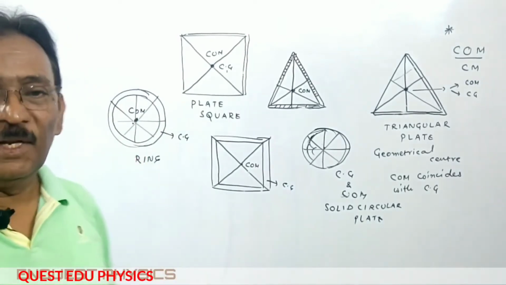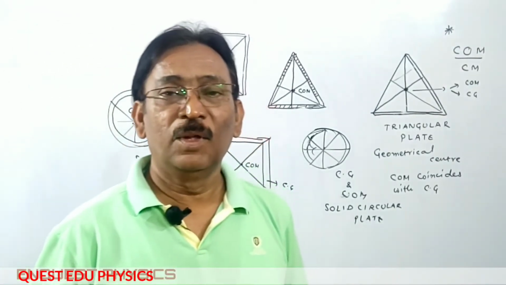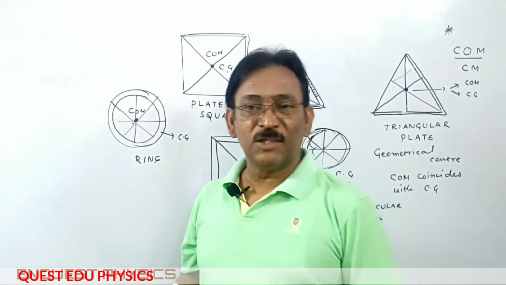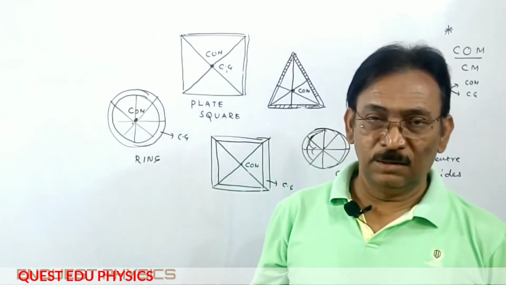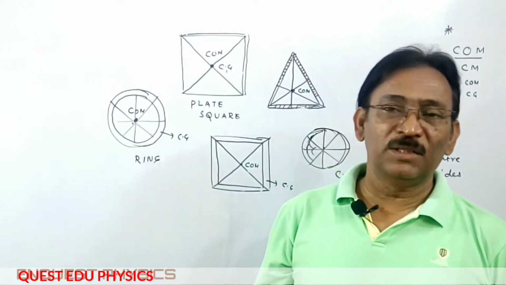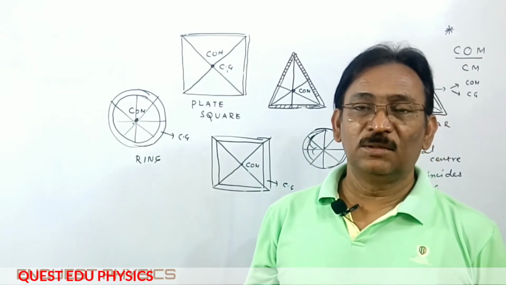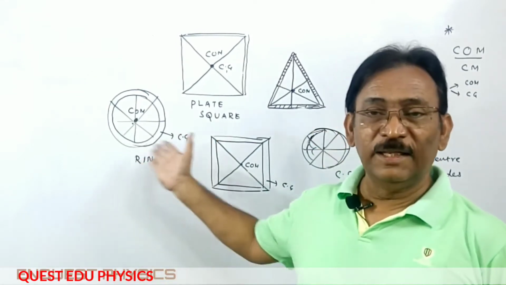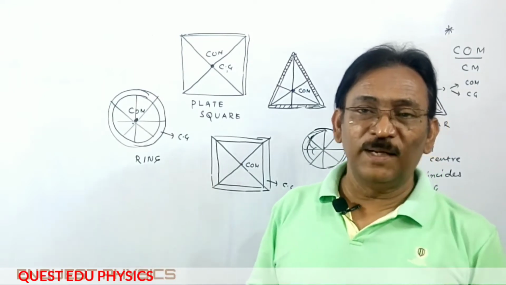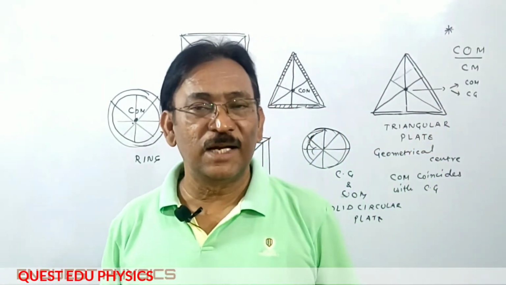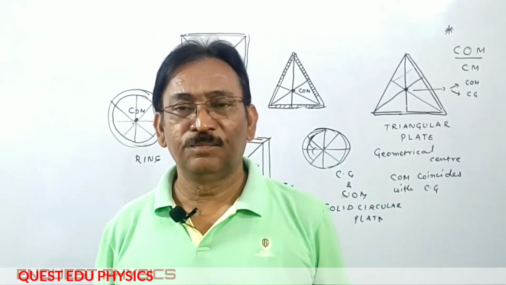If you go with different laminas, different shapes, the center of gravity coincides with the center of mass for regular shaped bodies. Okay, students, in these cases, the center of mass doesn't coincide with the center of gravity.